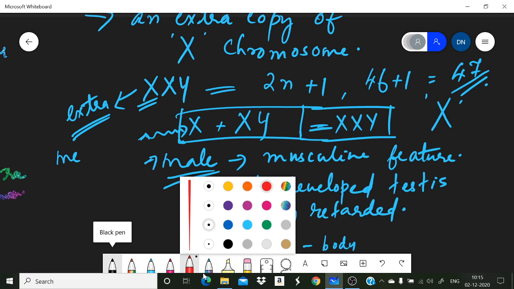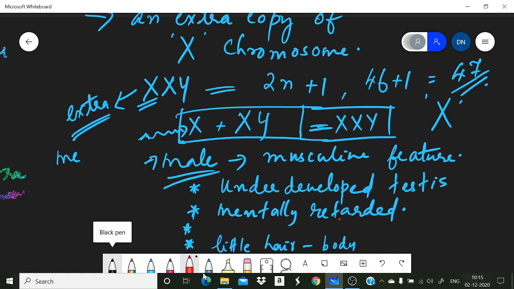So these are the symptoms of Klinefelter syndrome. Masculine features are there, but underdeveloped testes, mentally retarded, very little body hair, and development of breasts or mammary glands. Such a condition is known as gynecomastia.